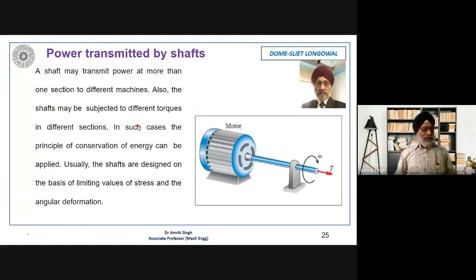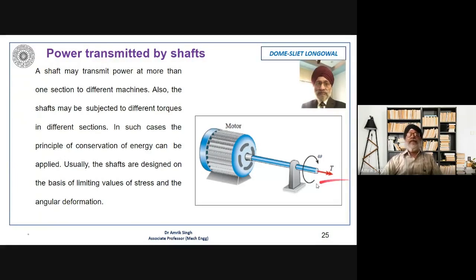So now, as we have discussed, shafts are used basically to transmit power. Okay, so there is a motor, and from the motor a shaft is there. This shaft is connected through a flat coupling to the prime mover.